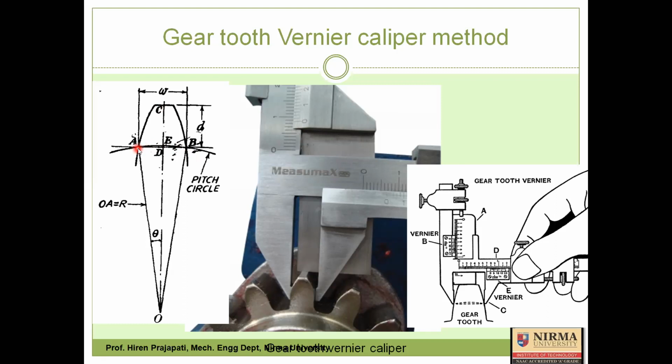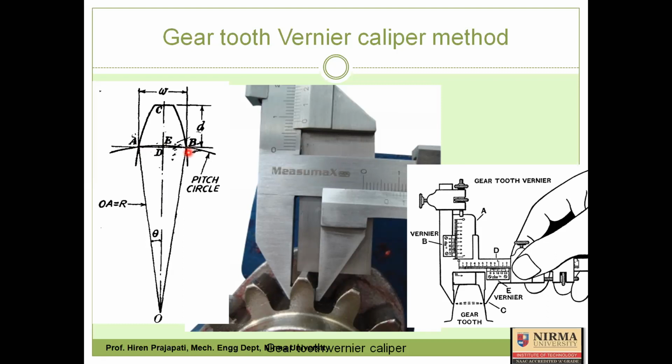A and B are the intersecting points between the pitch circle and the involute profiles. You can see one arc AEB and one chord ADB. Gear tooth thickness is AEB, not ADB.